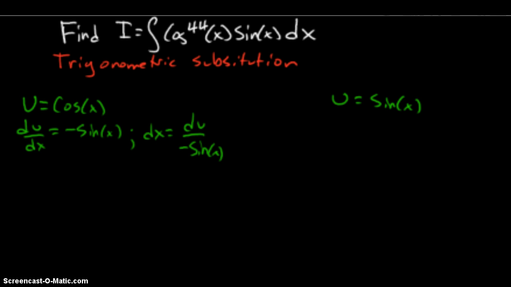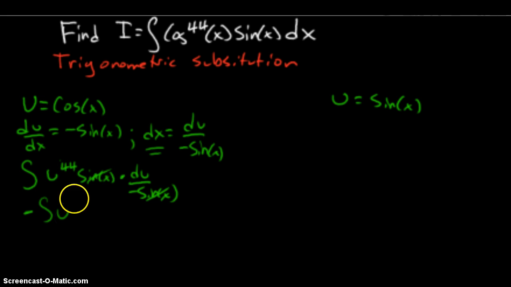Subbing that back into the original expression, we get the integral of u to the 44 multiplied by sine x. Our dx we already determined was equal to du over minus sine x. Our sines conveniently cancel out, and we get minus the integral of u to the 44 du, which is just a reverse power rule, and gives us minus 1 over 45 u to the 45 plus a constant.